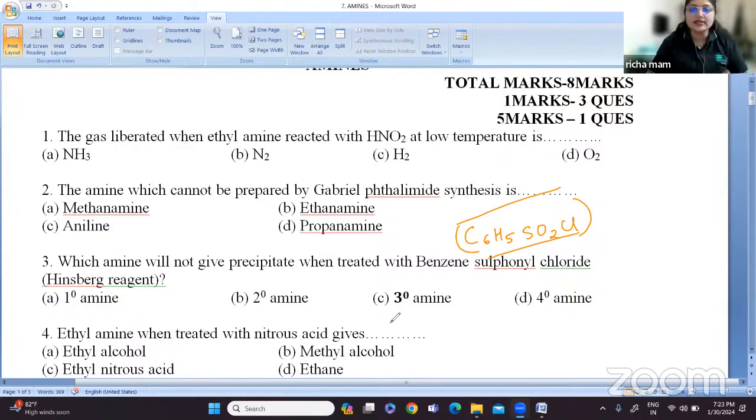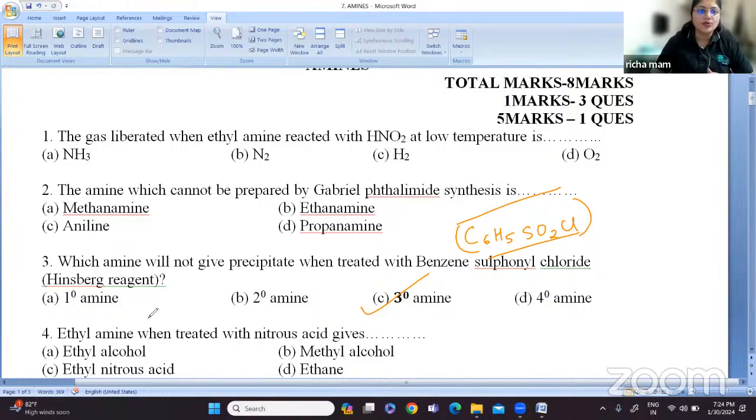So the answer is C, that is tertiary amines. Why? Because they do not have an active hydrogen. Primary and secondary amines react with the Hinsberg reagent, but tertiary amines do not give a precipitate because they do not contain any active hydrogen, and hence they do not react with the benzene sulfonyl chloride.